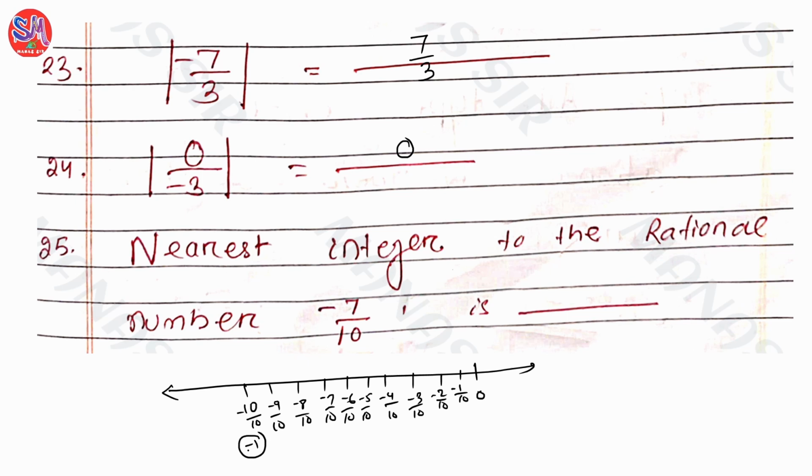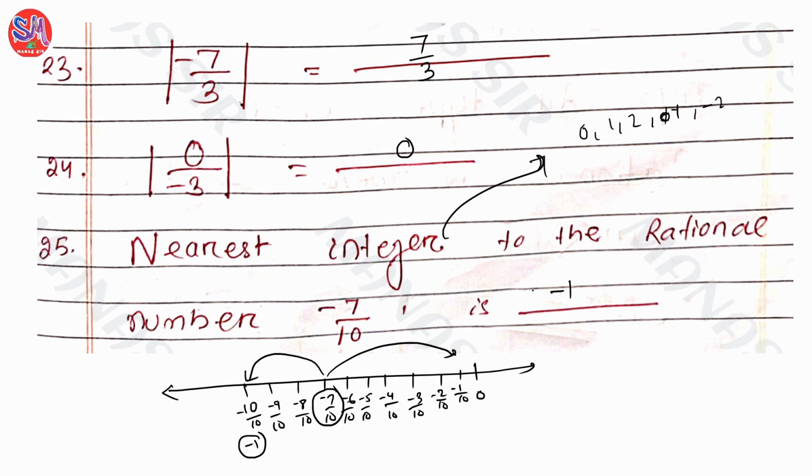Now the question is nearest integer. So tell me, what is an integer? Integers mean 0, 1, 2, plus 1, minus 1. Yes or no? These are the integers. So tell me, nearest to minus 7 by 10, the nearest integer is minus 1 or 0? The nearest is minus 1. So the answer is minus 1.